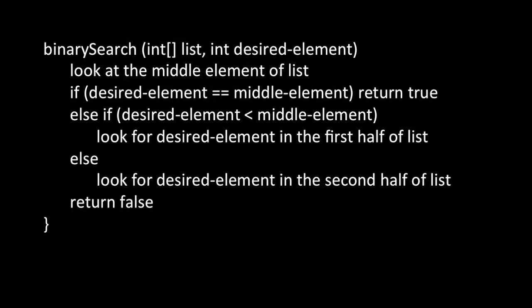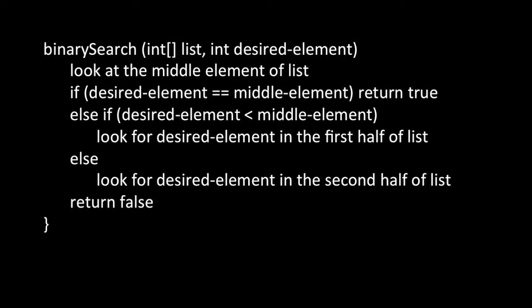Now, let's put our approach together in somewhat rough pseudocode. Our algorithm will be called binary search and will take an array of integers and as a second parameter, the desired element. We'll look at the middle element of the list. If the desired element is equal to the middle element of the list, I'll return true.